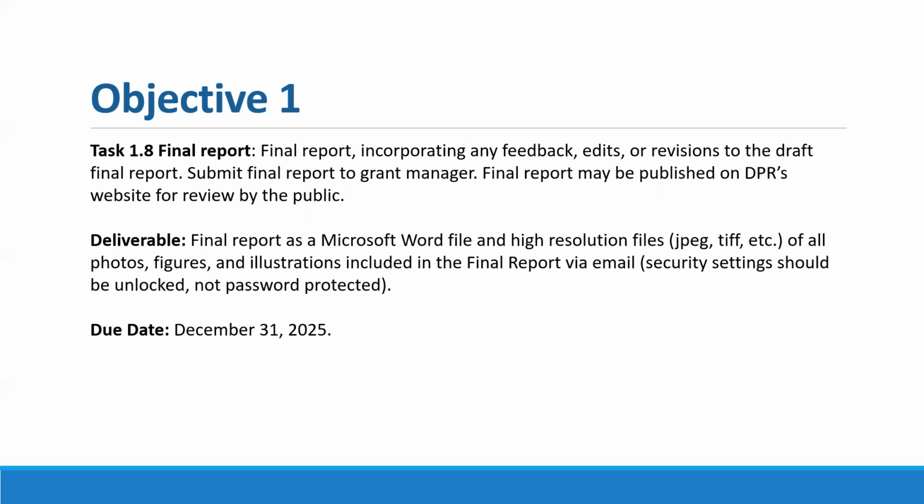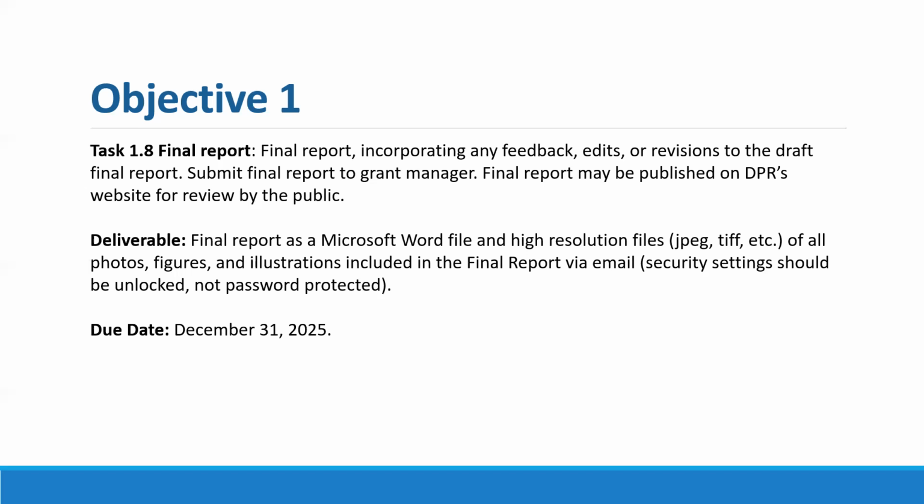The associated deliverable with this task is going to be a final report as a Microsoft Word file, and then any high resolution files of all photos, figures, and illustrations included in the final report. And this should be submitted via email. The associated due date for this deliverable is going to be December 31st of 2025. So this final report is submitted at the end of the grant period.